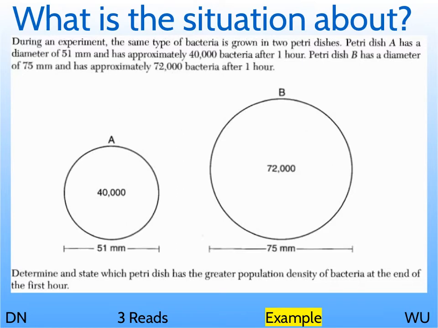Determine and state which petri dish has the greater population density of bacteria at the end of the first hour. So basically we want to figure out which one of these has a more dense collection of bacteria.